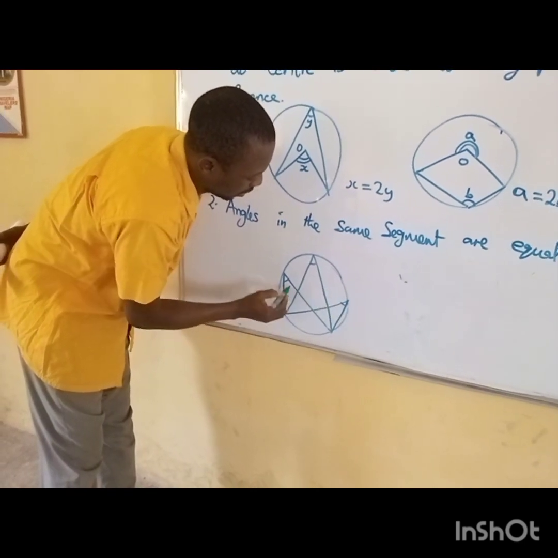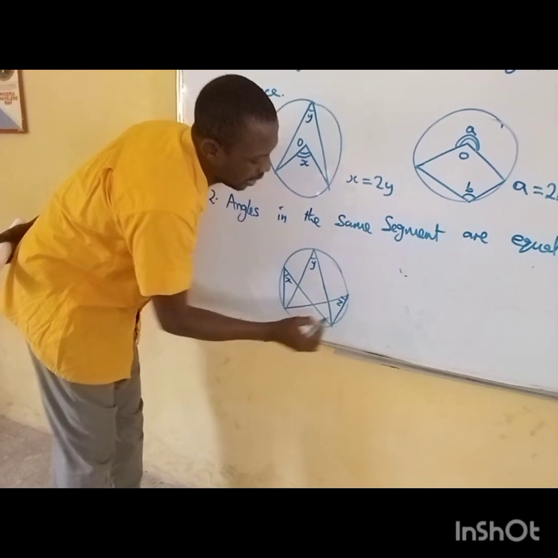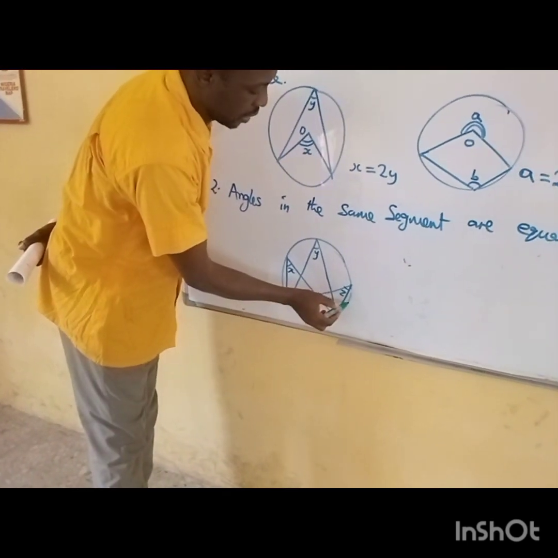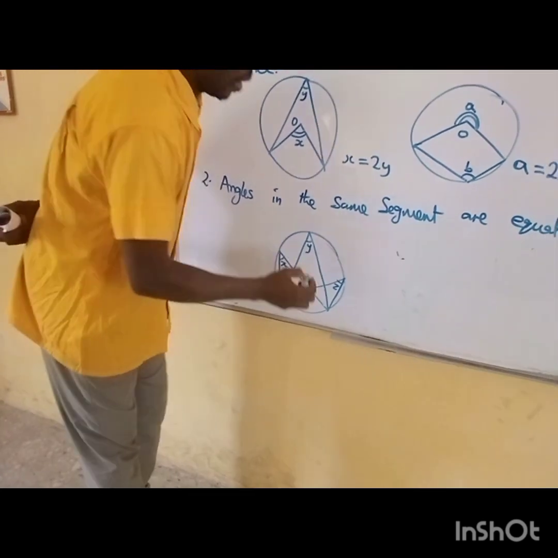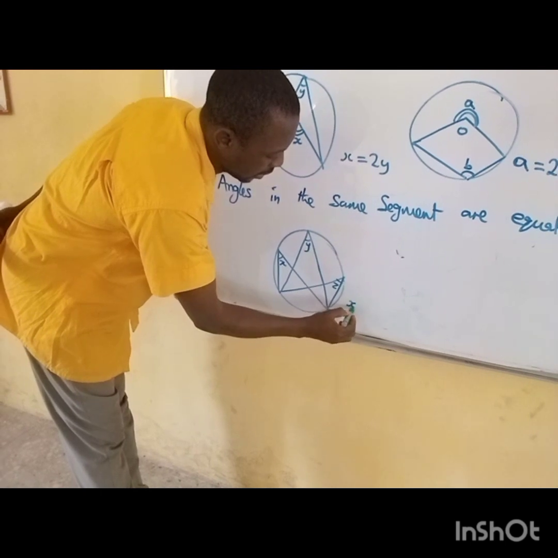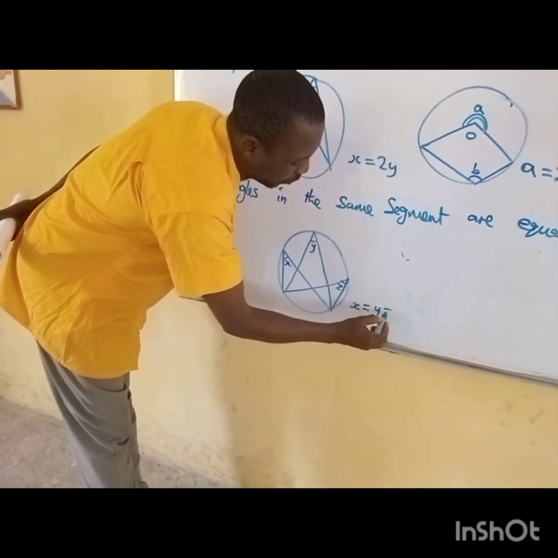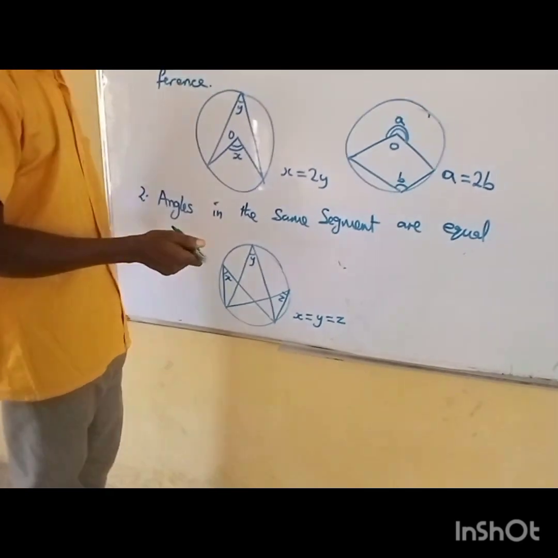It means that the one here, x for instance, y and z, are all equal because they are in the larger part of the circle. So with this, you can see this x is equal to y and y is equal to z. That's the meaning of this theorem.